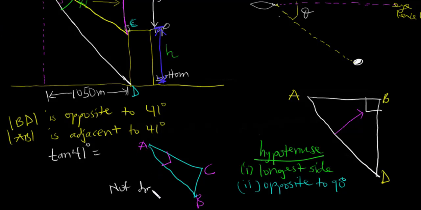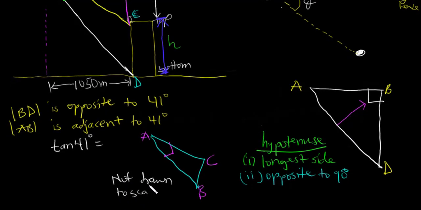Not drawn to scale means that they didn't measure the sides or lines. So what you have to do is to pay attention. You don't have to say that AB is the longest side here, so that is the hypotenuse. No, the most important thing is what faces this 90 degrees angle, and what faces it is the side BC. So BC in this case is the hypotenuse.